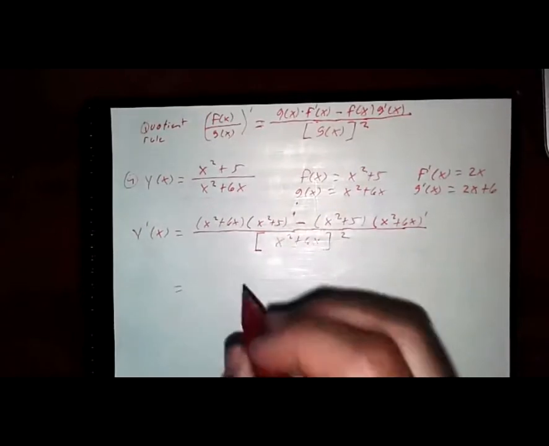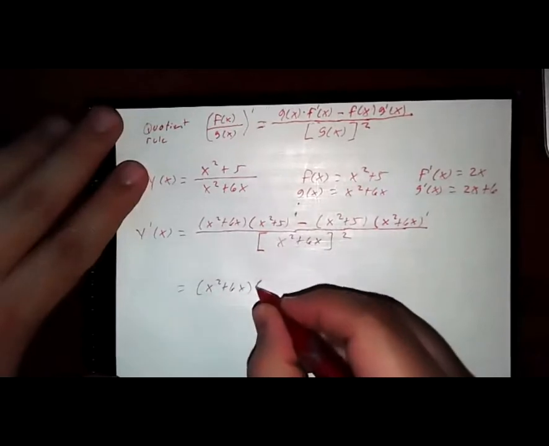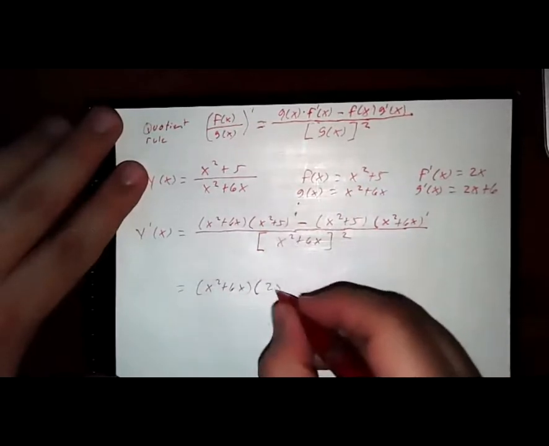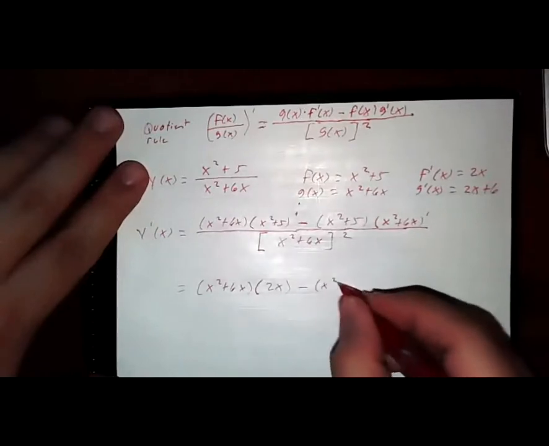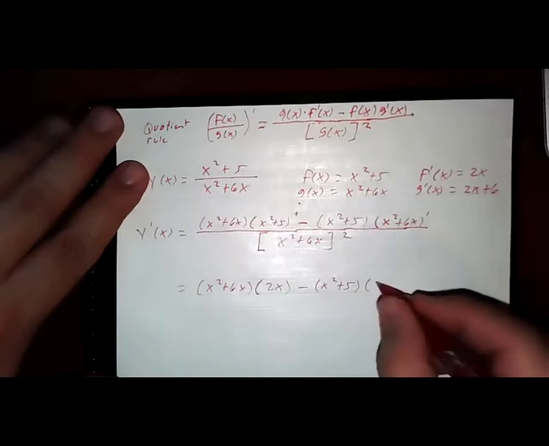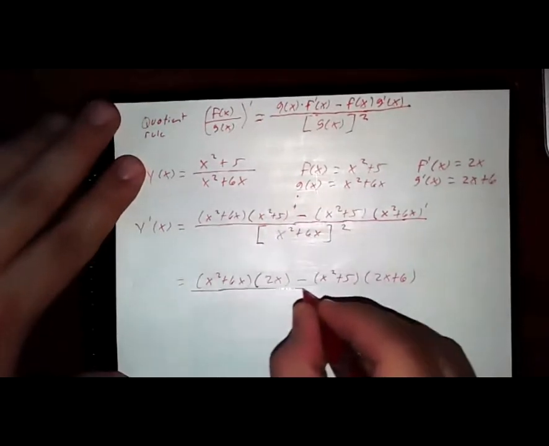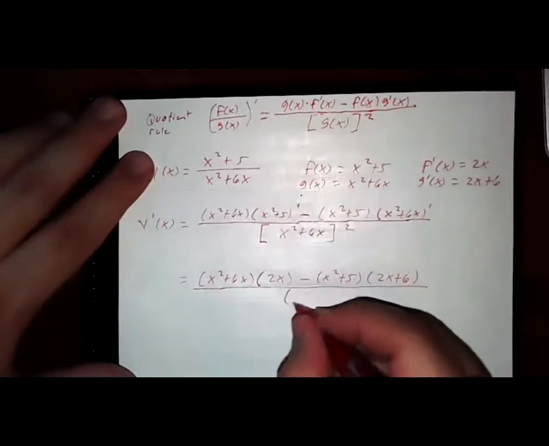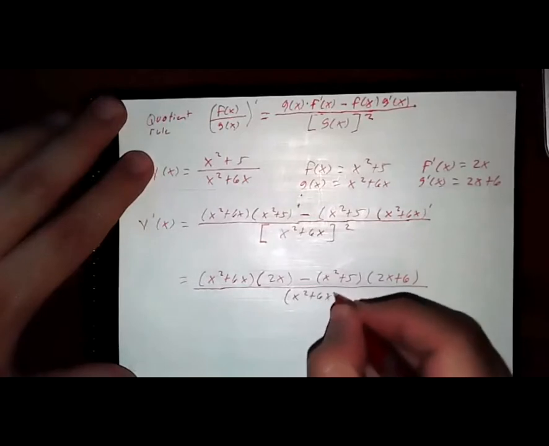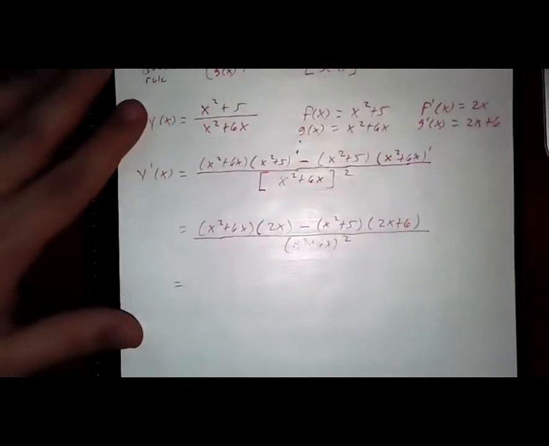So this will be x squared plus 6x times 2x minus x squared plus 5 times 2x plus 6 over x squared plus 6x squared. Make sure not to miss anything.